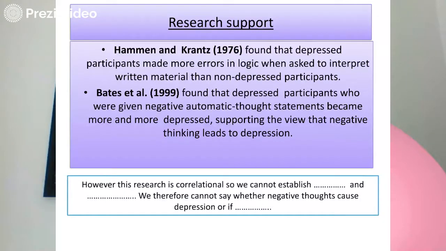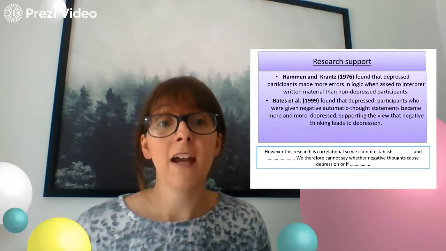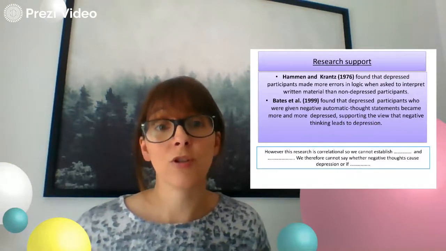You'll see at the bottom we've got a box that says, however, this research is correlational, so we cannot establish blah blah blah. So what I'd like you to do is try and fill in the gaps. So pause it and fill those gaps in. Okay, so in the gaps you should have: it's correlational, so we cannot establish cause and effect.